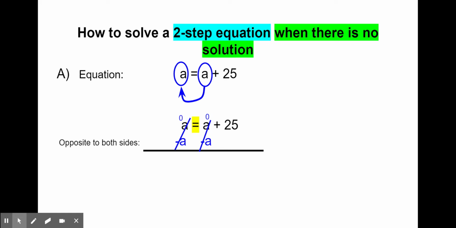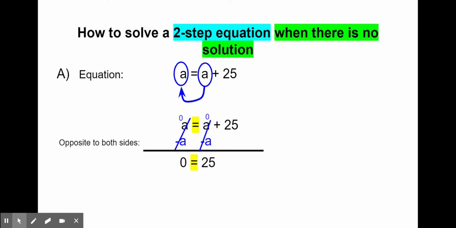On the left side now, we have 0. We're going to write that 0 down because there are no other terms left on the left side of our equation. We bring our equal sign down, and on the right side, since the a is canceled out, we're just left with 25.